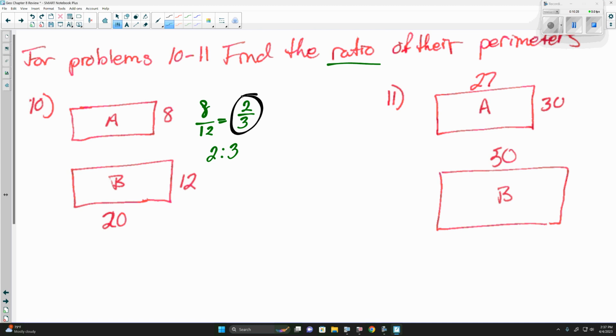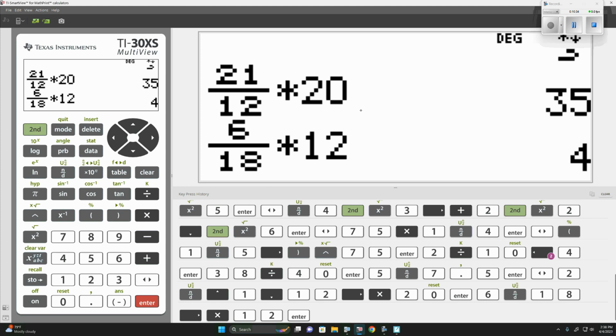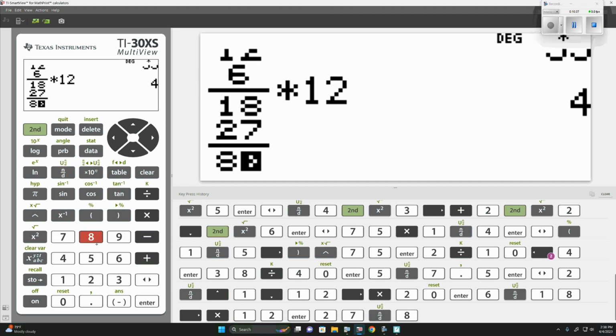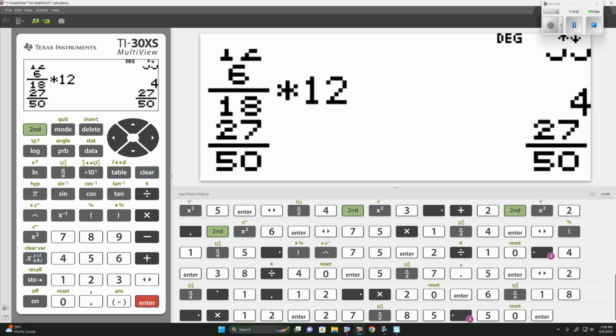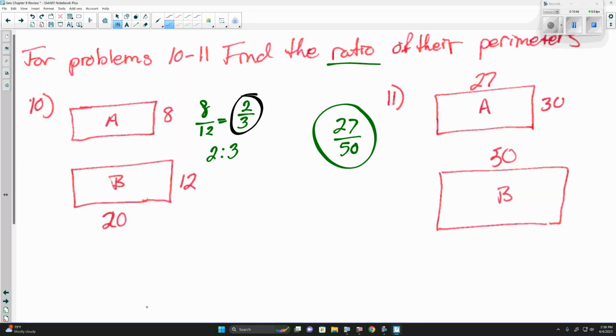27 over 30, or 27 over 50. I think that's it. Because one of those figures is 27 and 30, but the other they gave us is just 50. So we need one side and the other. Since it can't reduce, yeah.